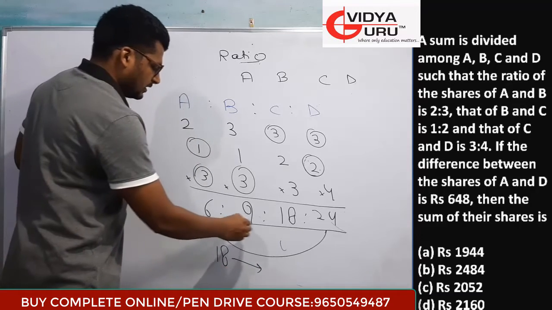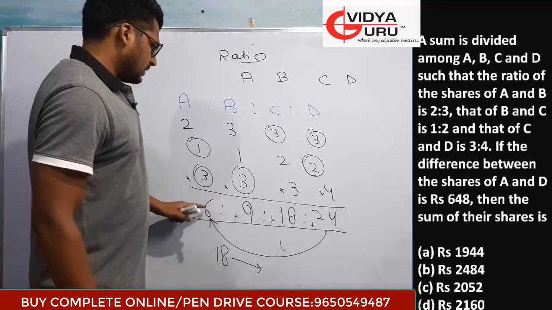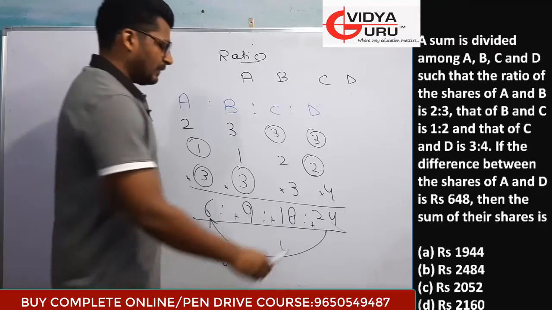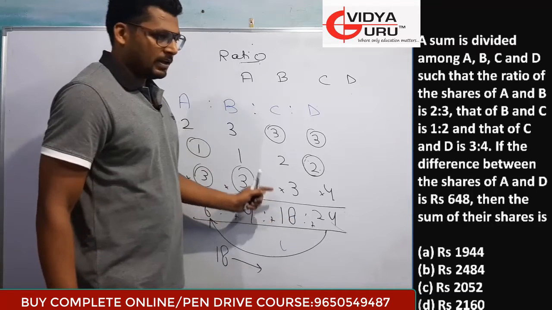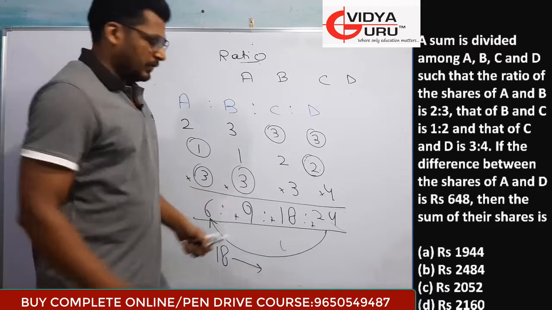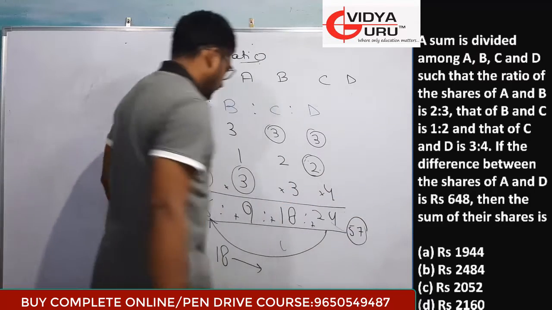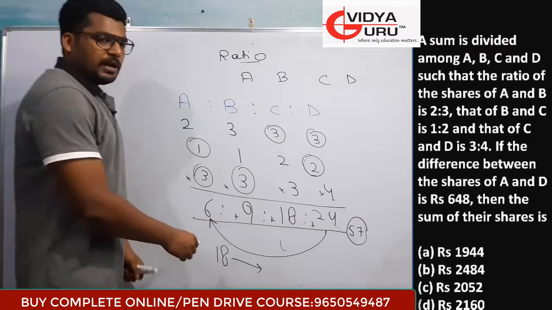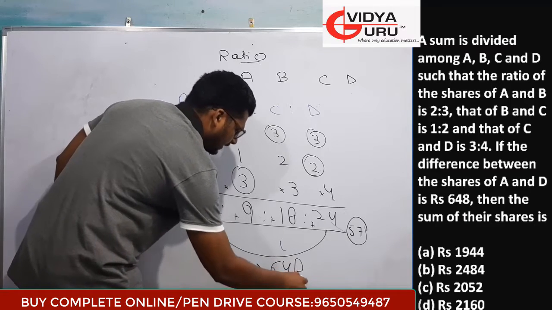And what is the total share? Total share 9, 6, 15, 15 plus 24, 39, 49 and 8, 57. Total share is 57. The value of 18 according to the question is 648.